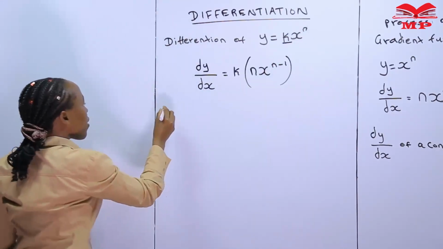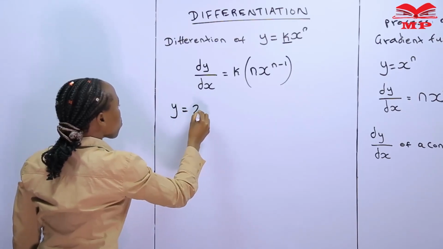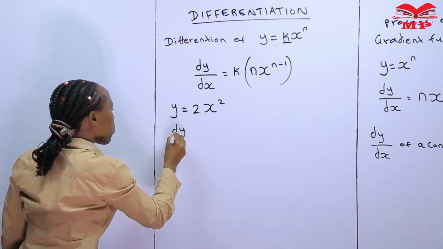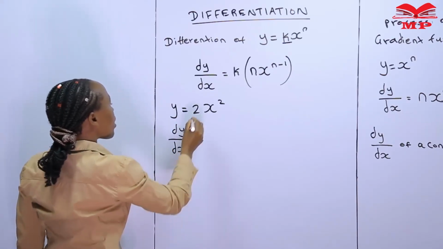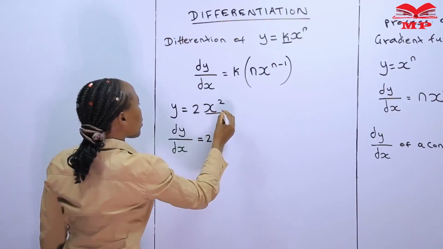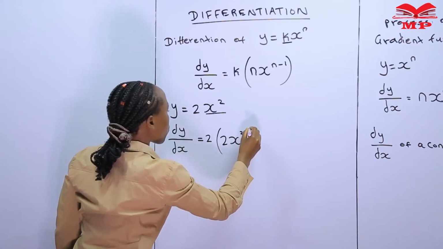Such that if we are finding the gradient function of y is equal to 2x squared, it simply means that dy all over dx will be equal to, we have our 2 which is our constant, so we need to differentiate this, which is now 2x^(2-1).